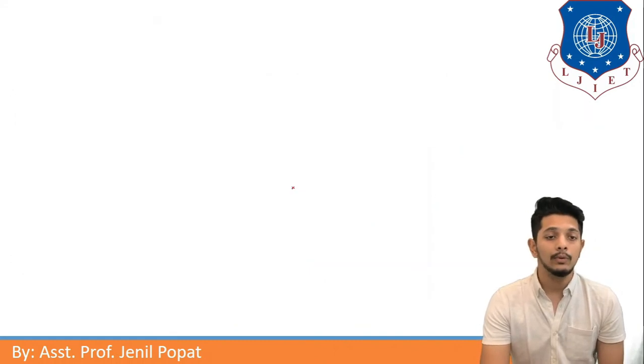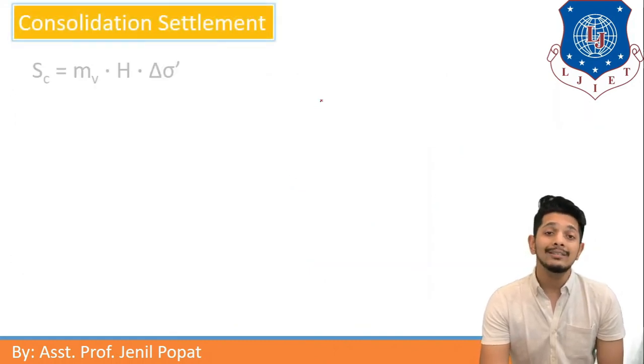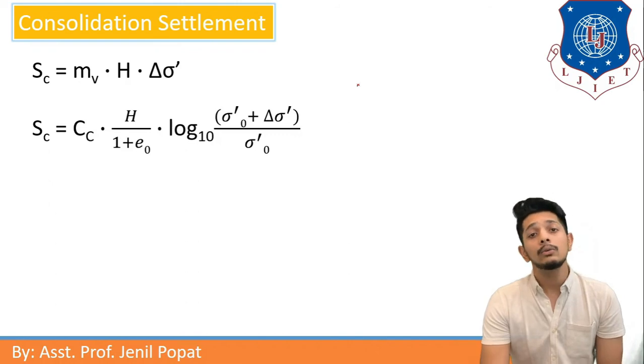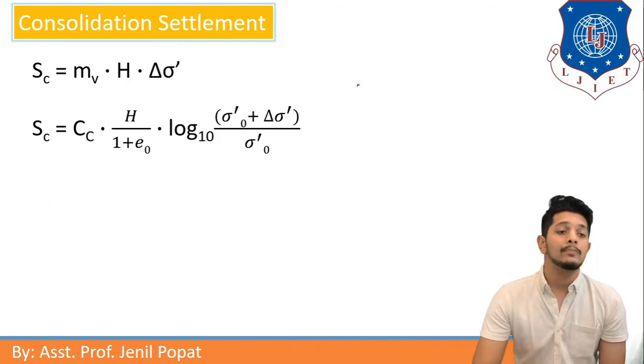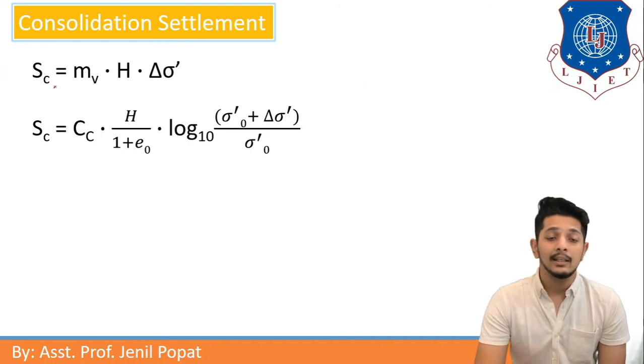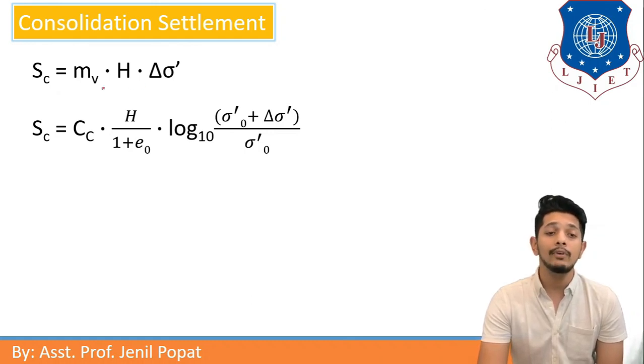Let us move forward to consolidation settlement. You have to remember these two most important settlement formulas. Sc, the consolidation settlement, is equal to mv into H into delta sigma dash, where mv is the coefficient of volume change, H is the thickness, and delta sigma dash is the effective pressure difference.